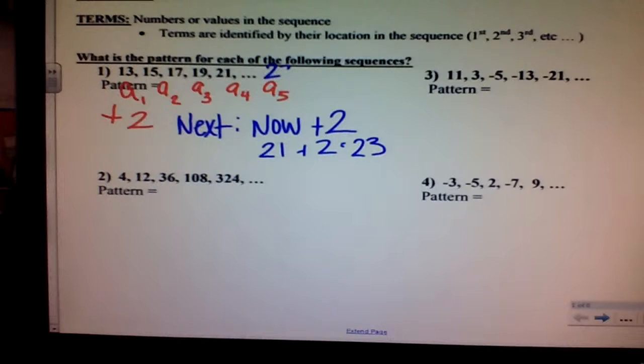So the next number in my sequence is 23. My new now number is 23. So 23 plus 2 gives me 25. So that's what you learned, or should have learned, in Math 1.